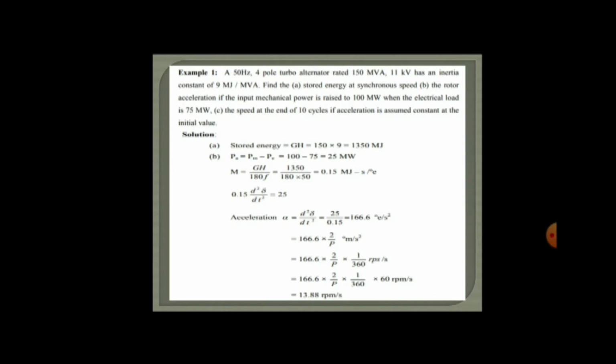So if you calculate this, you will get 166.6 electrical degrees per second square.